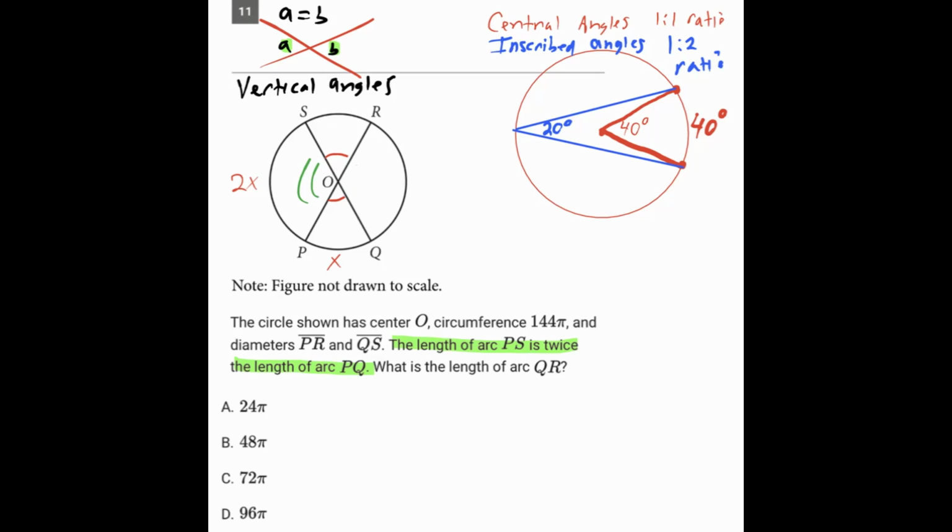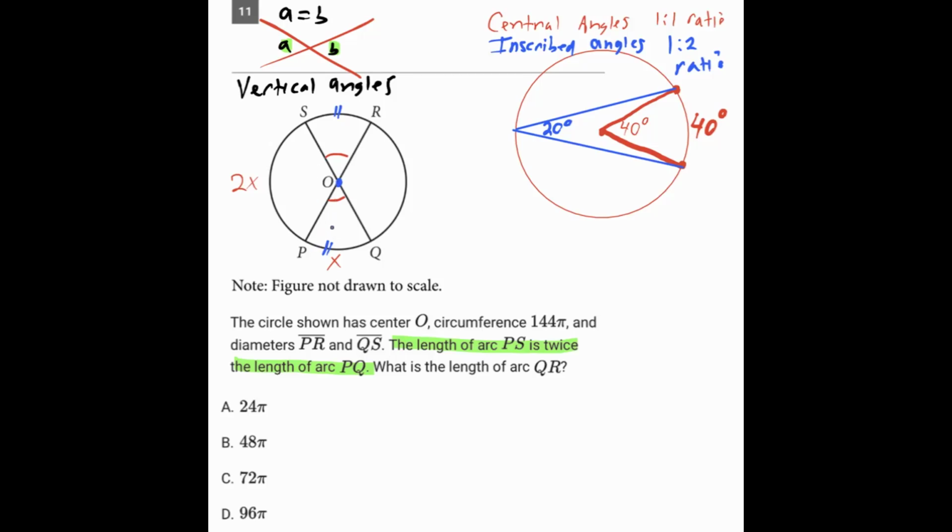But let's focus on the red ones. So we have those two angles, and we know they're equal, and we know they're central angles. So therefore, these two arcs have to be equal, because the angle and the arc have a 1-to-1 relationship with each other.